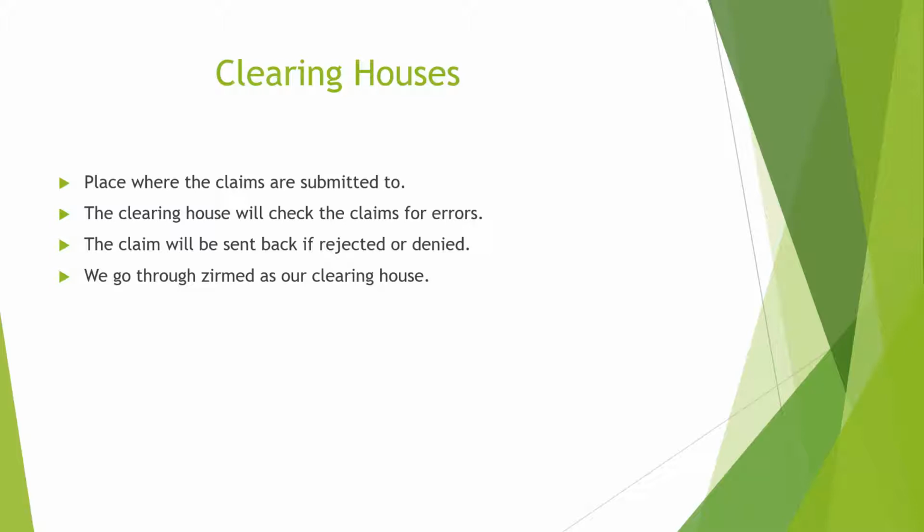Our clearinghouse will also make sure that the procedure code is appropriate with the diagnosis code submitted with it. Going through the clearinghouse helps prevent time-consuming processing errors. Basically, the clearinghouse is our cross-check to make sure all of our information submitted is accurate before the bill is sent to the insurance company.